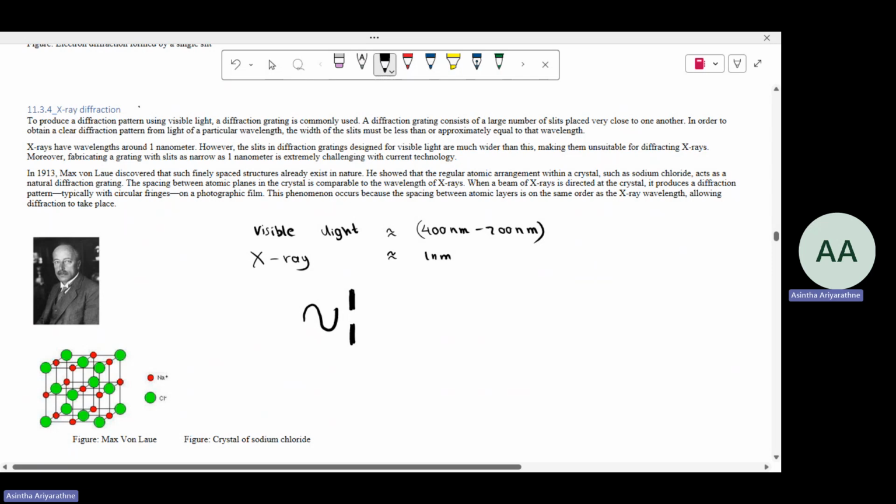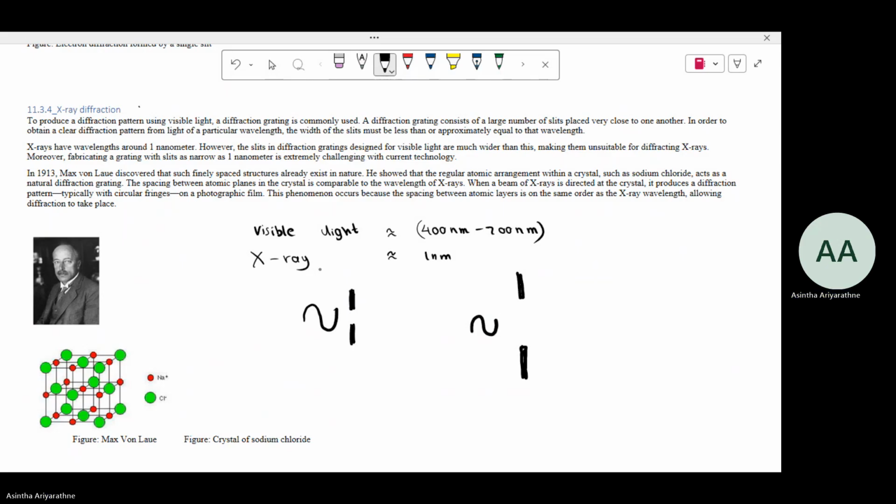If the wavelength is less than the gap, it would get diffracted. But if the gap is very large like this, the wave won't be diffracted and just goes through the gap, because the gap is sufficient to move through without any diffraction.